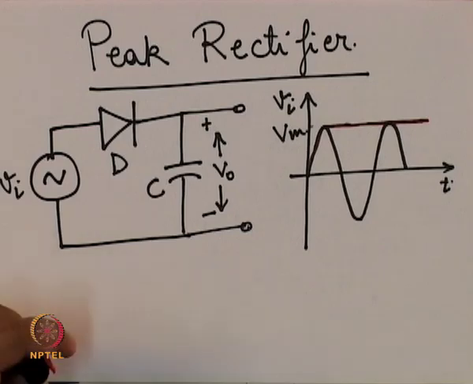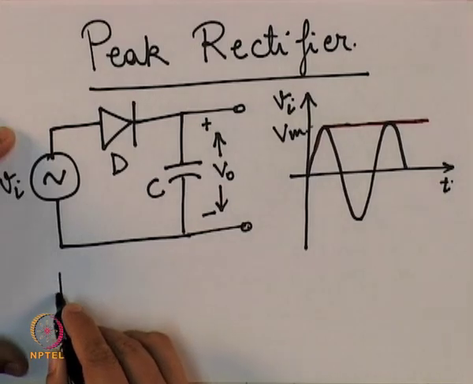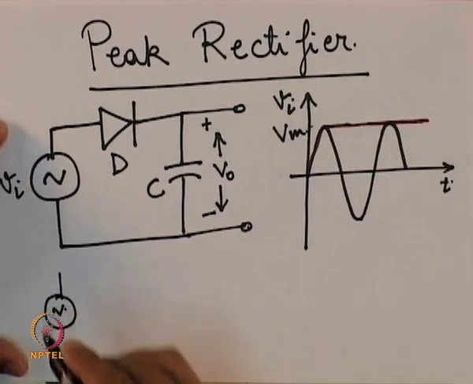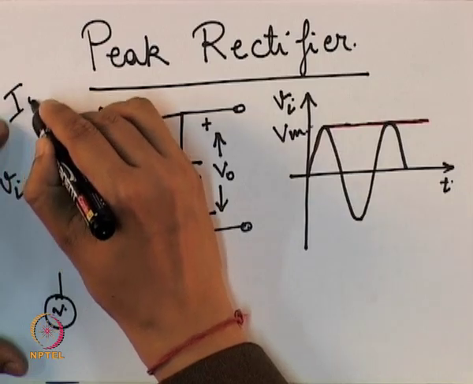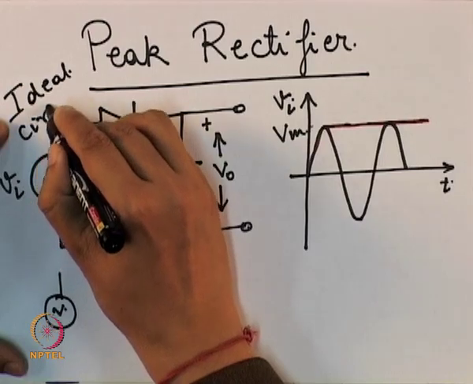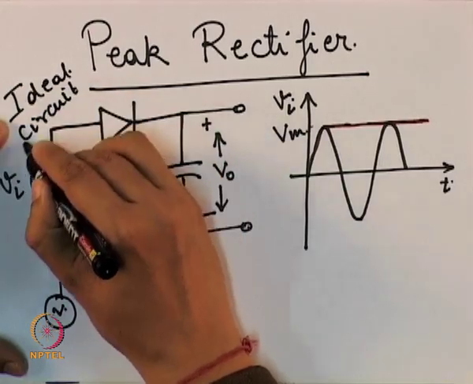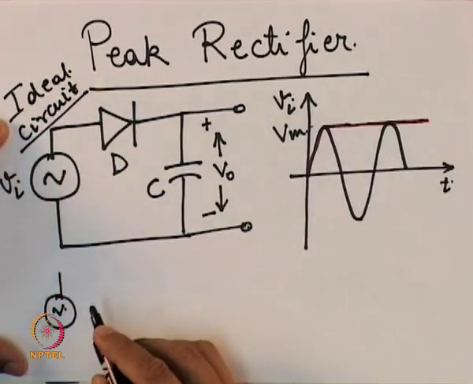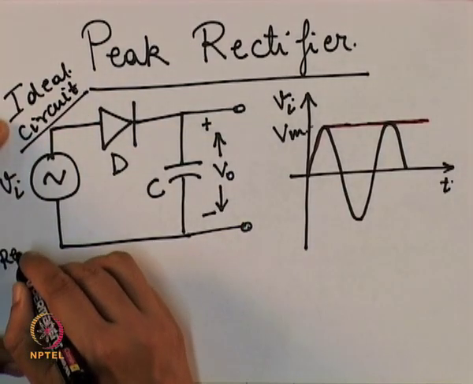Now, of course, just like the previous circuit, the capacitor won't be ideal. In reality, what we'll have is, so this is my ideal circuit, okay, and this is my real circuit.